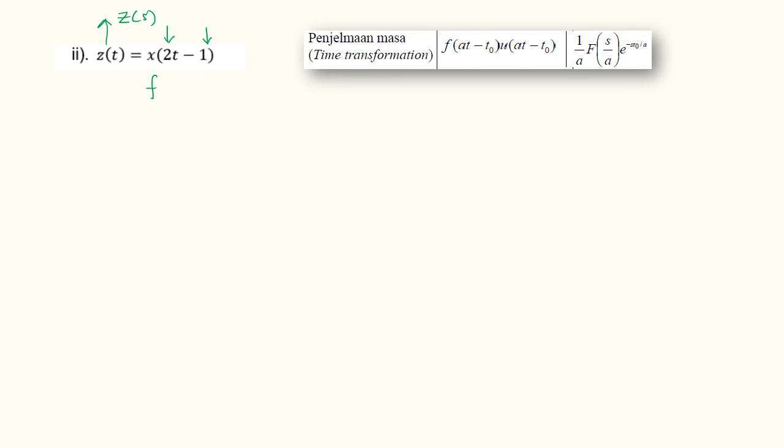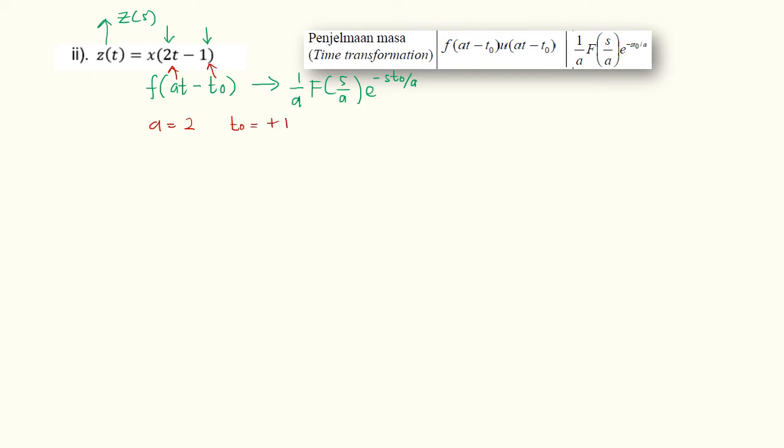So in this case, it is equal to f(at minus t naught), in which it will produce 1 over a F(s divided by a) e to the minus s t naught divided by a. From here you can get your a. In this case your a is equal to positive 2 and your t naught equal to positive 1.